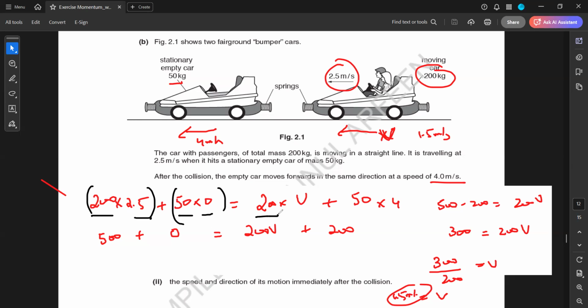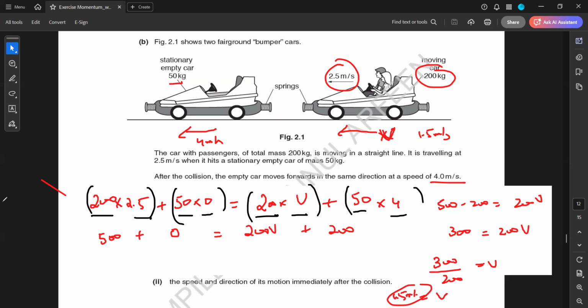After collision, the mass is 200 and the velocity is unknown. So mass multiplied by velocity, because momentum is always the product of mass times velocity. That's why. So it's a part of the formula in which the total momentum before equals the total momentum after. Sure. Is it clear? Yes, clear.